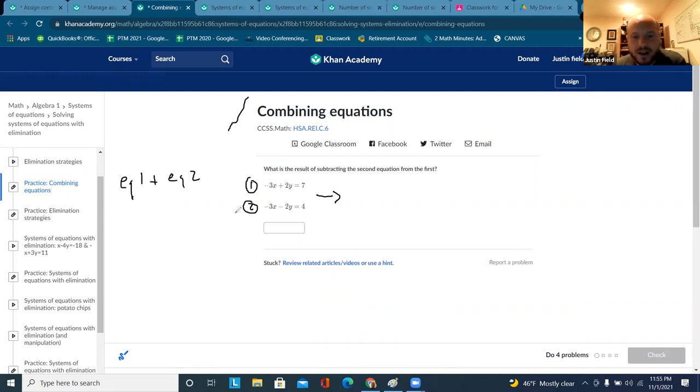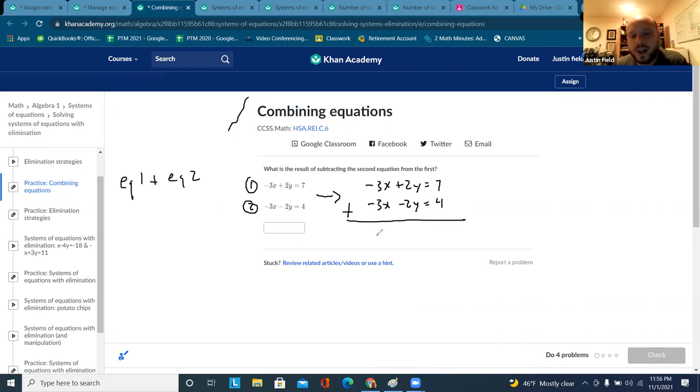So we are going to put a line there, make this an addition problem, and just combine the like terms between the two equations.